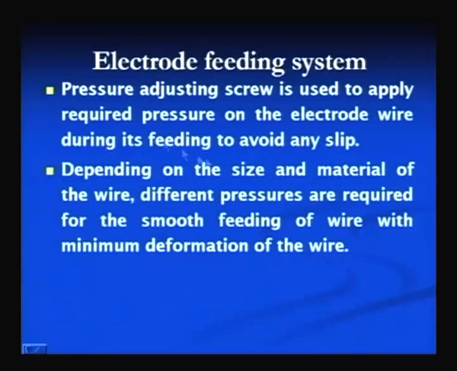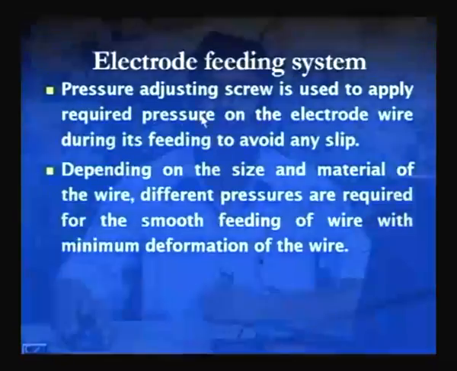So, to make sure that the electrode is fed at a constant speed and uniform conditions are maintained in the arc region, and that there is no slip, the pressure between the roller and the electrode is adjusted depending upon the size and material of the wire.